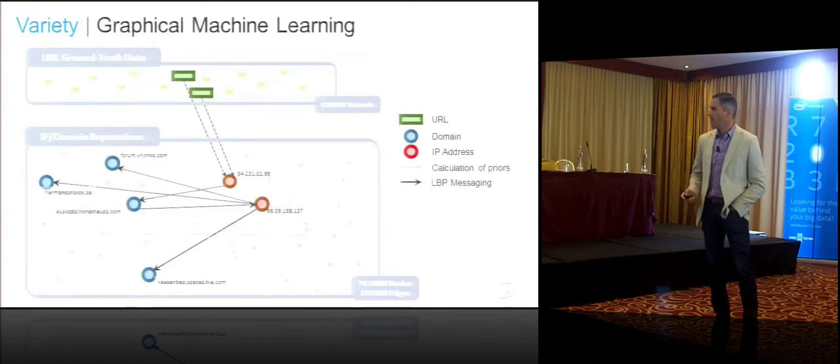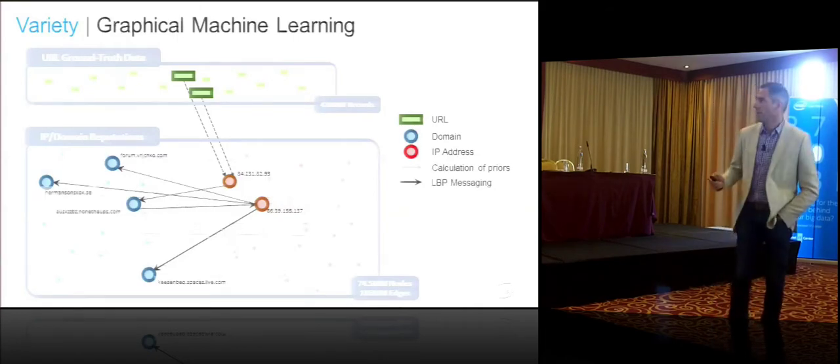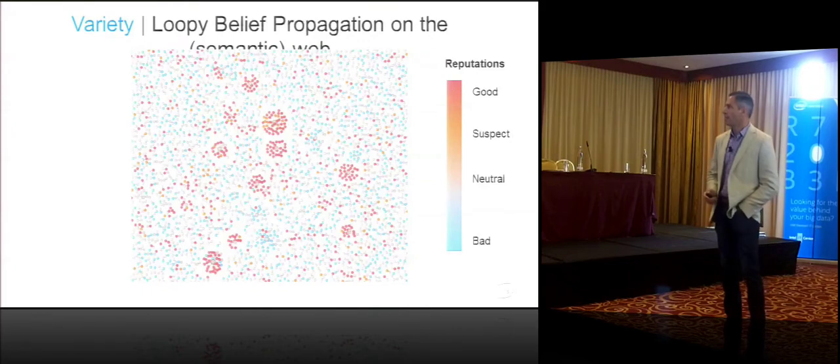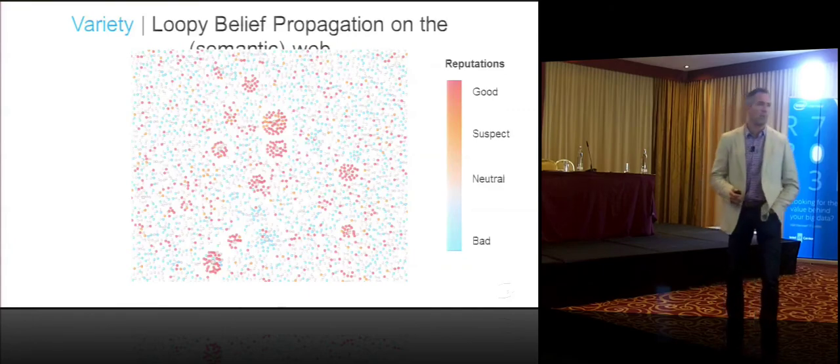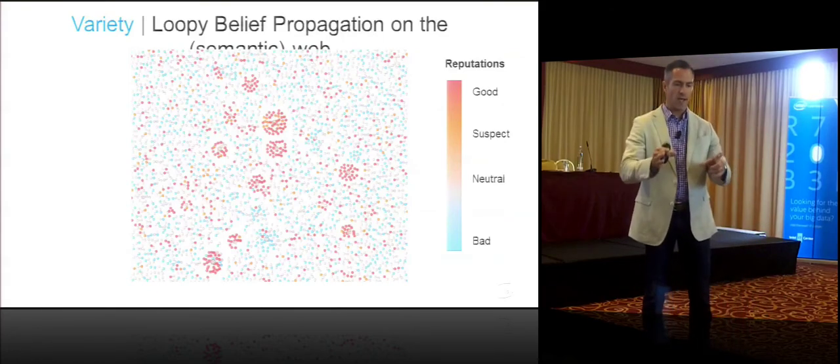And then we propagate messages among these connections that are the estimations of neighbors' beliefs about the maliciousness of their peers. And by doing so, we can take a graph like this. This is the actual graph that we used for this belief propagation on the semantic web. And you can see that we have reputations. These are the priors. This is what McAfee knows, or Intel Security knows, by running those client applications that look for infections from viruses.